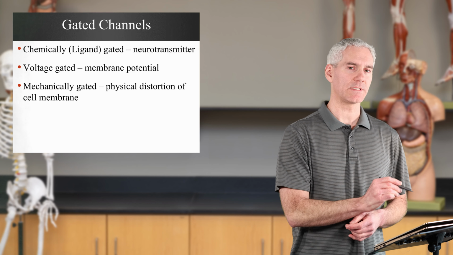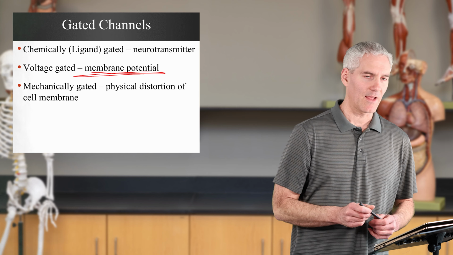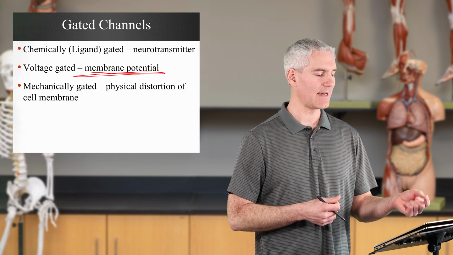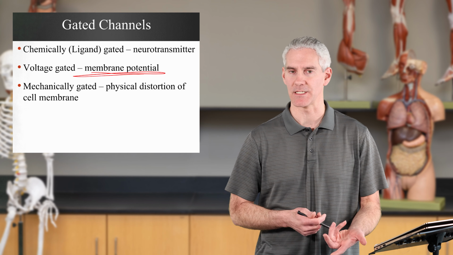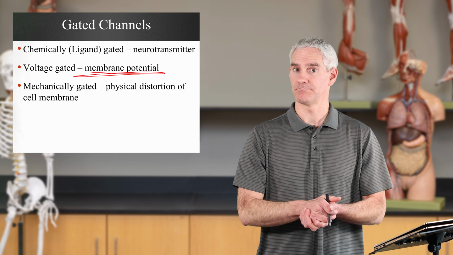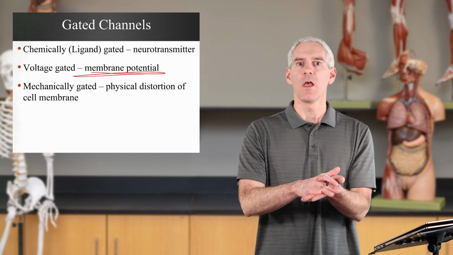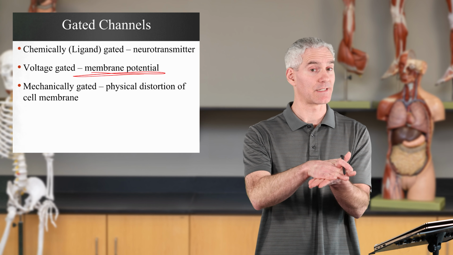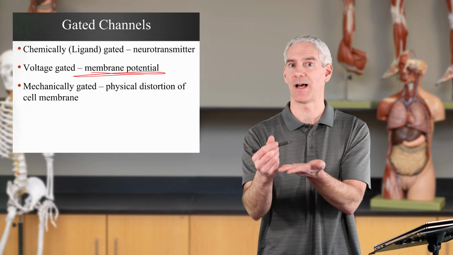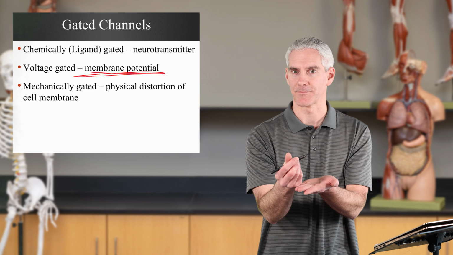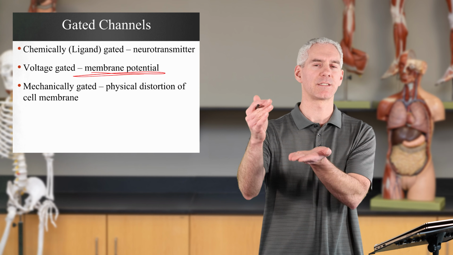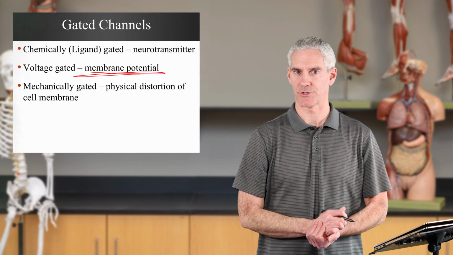The second one is voltage gated. If it's voltage gated, that means you must have a membrane potential change to open up. If you're at the resting membrane, maybe the channel is set to be closed, then if that resting membrane doesn't stay at negative 70 millivolts and starts going higher, and the membrane around it is negative 65, negative 60, negative 55, there'll be a certain point where it triggers and opens up because the membrane voltage around it changed.